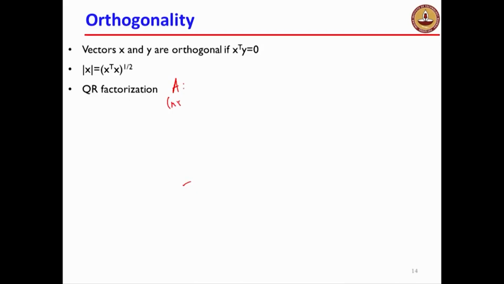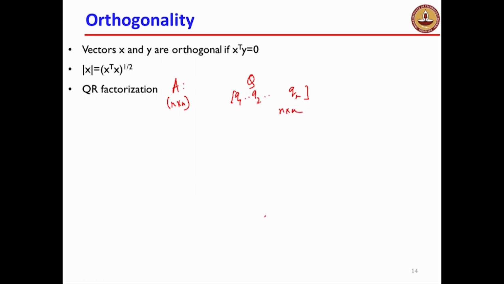So how are the matrices A and Q related? That we will see over here, and with that we will think that will be a good place to stop. So A is of size n cross n, and Q has columns Q1, Q2, up to Qn, and this is of size n cross n.